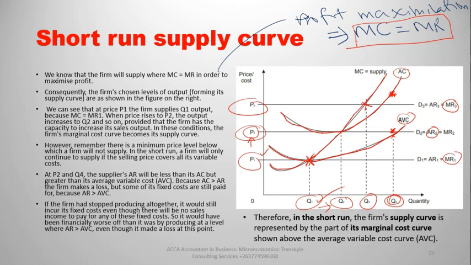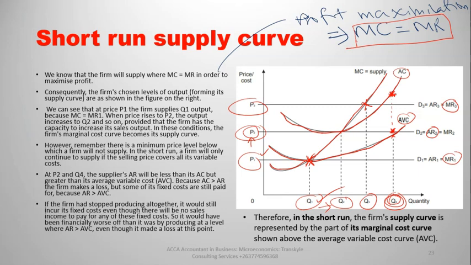All right, if it continues to supply at Q3, again there is also this argument that you can see that the quantity Q4 would be met.